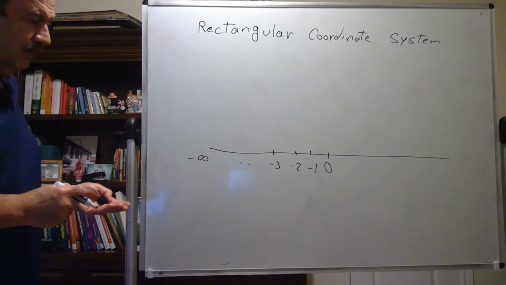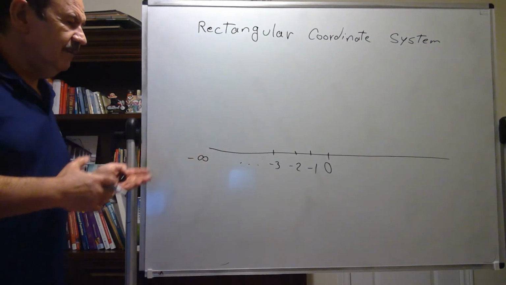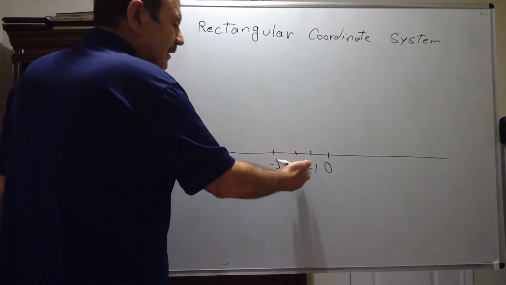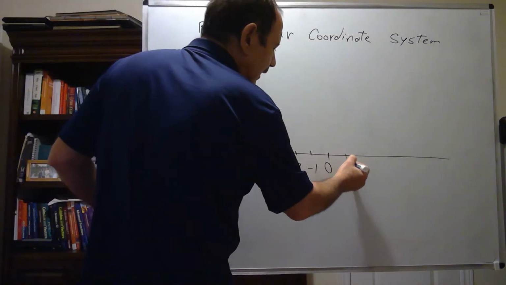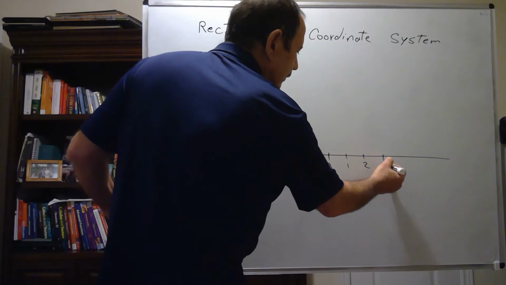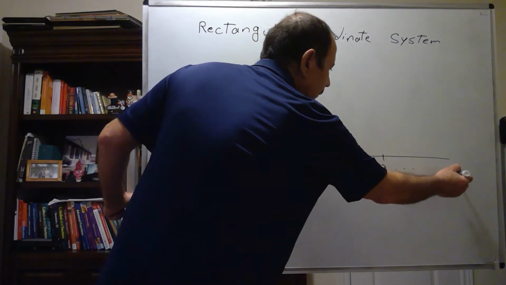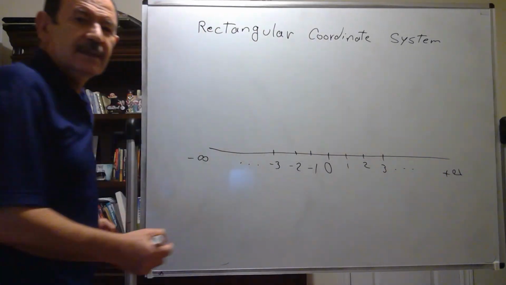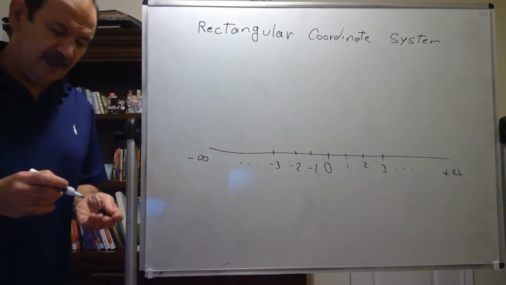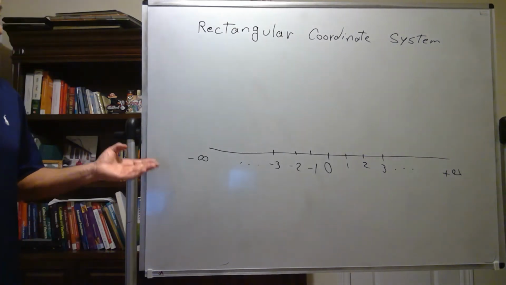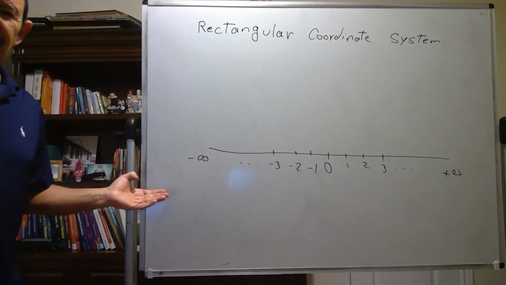Then when we move forward, from left to right, it changes to bigger numbers: -3, -2, -1, 0, and 1, 2, 3, and continues until it ends up at a very big number. We call it positive infinity. The name of this line, if you remember, is the number line. Now, this number line is a horizontal line.